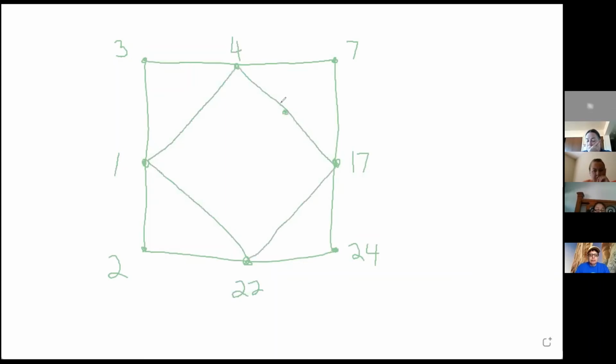And I want you to do the same thing using the 4 most recent numbers that I wrote down. So what goes here? 5.